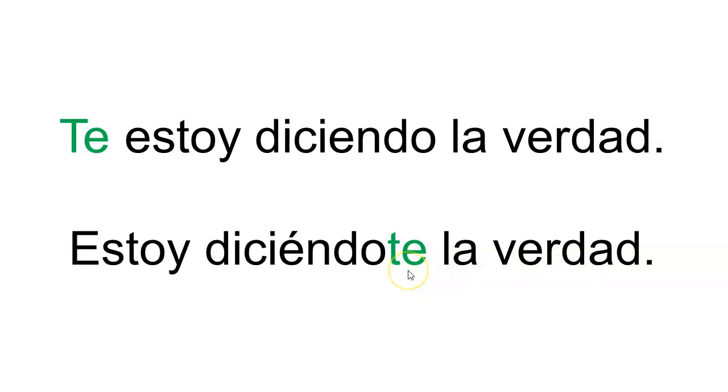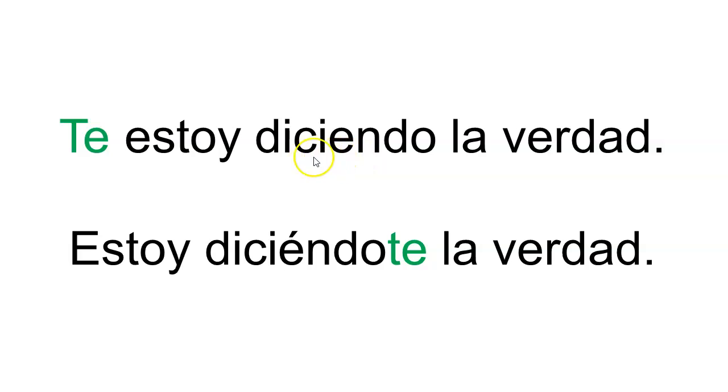Notice how it's attached. When you attach it, it messes with the natural stress of Spanish words that have two syllables or more. We want to keep the stress on diciendo, on the syllable cien.